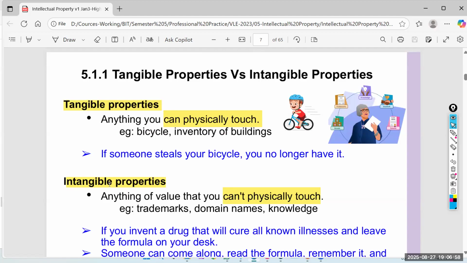If you steal my phone, the phone is with you. So therefore, it's easy to detect, easy to prove. There's a case. But when it comes to intangible properties, intellectual properties, because there is no physical thing, right? It's difficult to detect and difficult to prove.